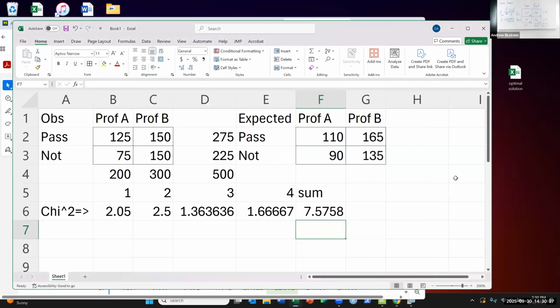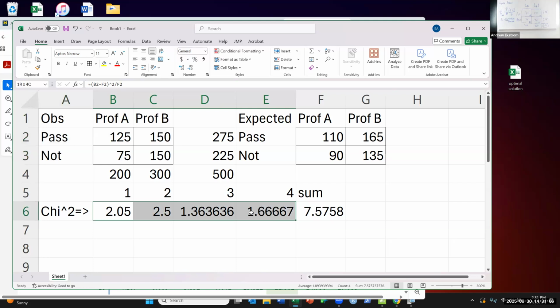So what that's trying to tell us is that based upon the data we have, the outcomes that we've observed, so the stuff that we see right here, is different from what we would expect. Once you've found that there is a statistically significant difference between what you observed and what you expect, you then have to do a little bit of detective work to figure out what seems to be the most different.